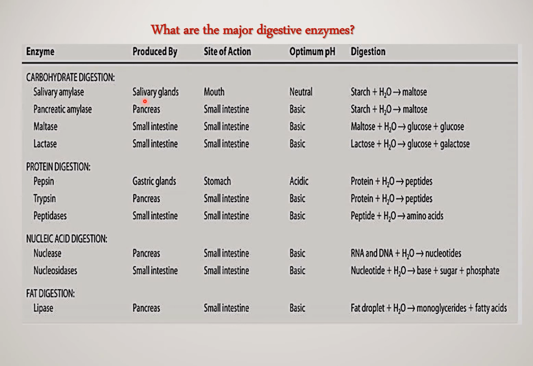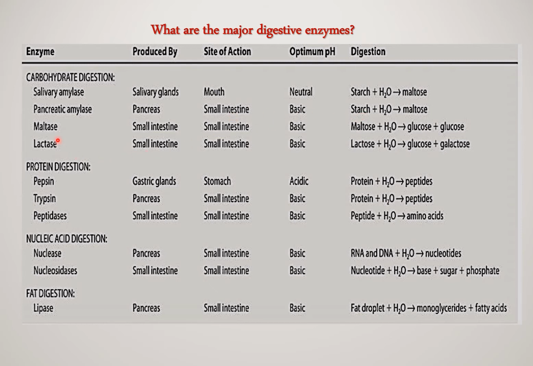The preliminary digestion process starts in our mouth itself, and it breaks down starch to give maltose. Then we have pancreatic amylase, which is produced by the pancreas and works in the small intestine, where it again breaks down starch to maltose.